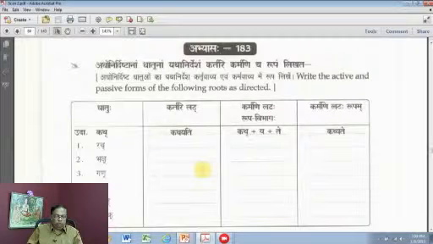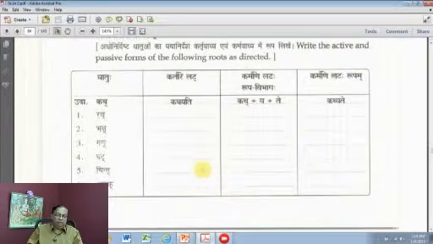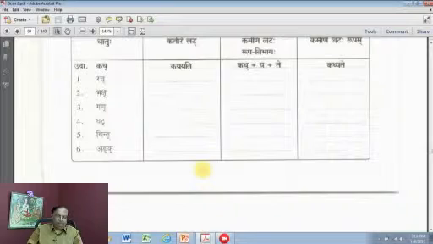Two. Bhaksha, bhakshayati. Bhakshyate. Racha is to write or arrange. Bhaksha is to eat. Bhakshyate means is eaten. Gana to count, ganayati. Gana plus ya plus te, ganyate.